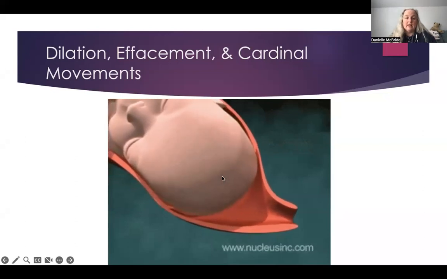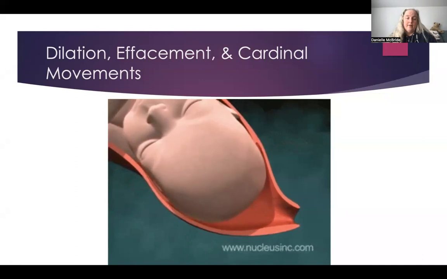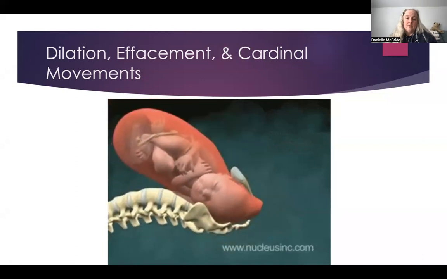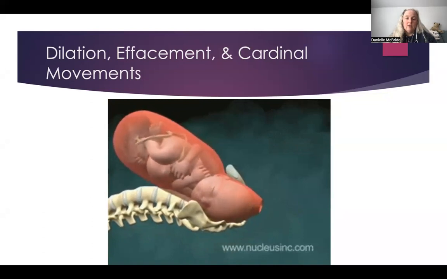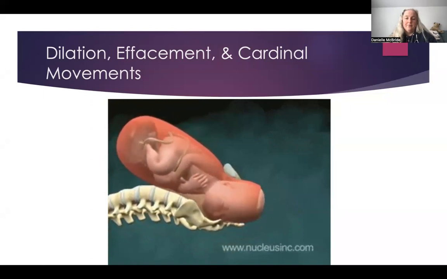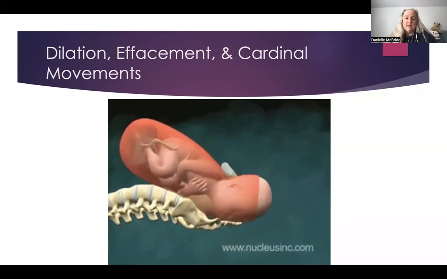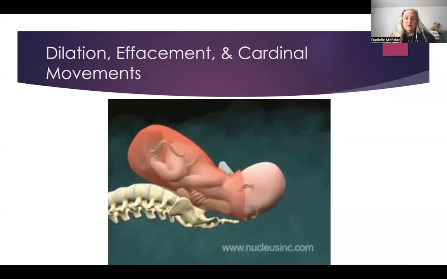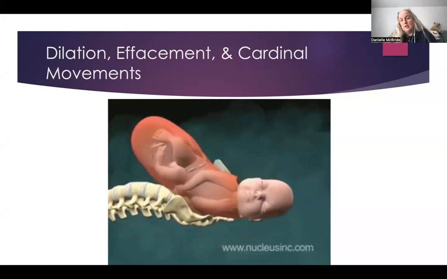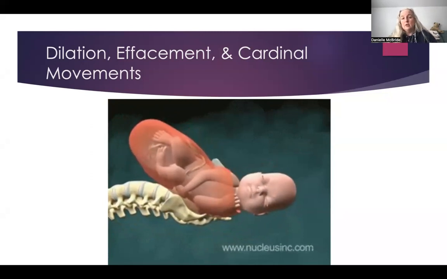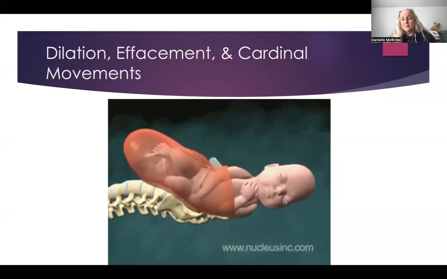The head is flexed. And then we're going to get an internal rotation there. Extension as the head delivers. External rotation. And birth by expulsion. So those are our cardinal movements.